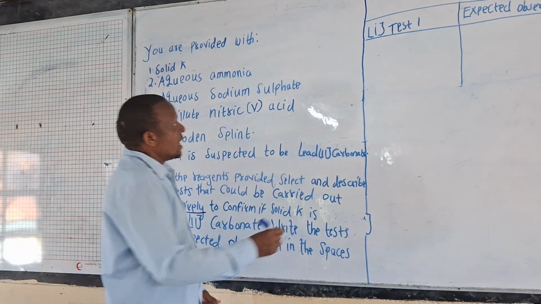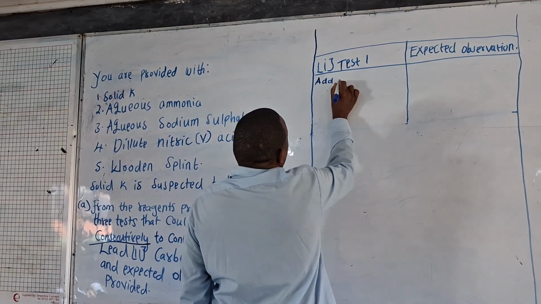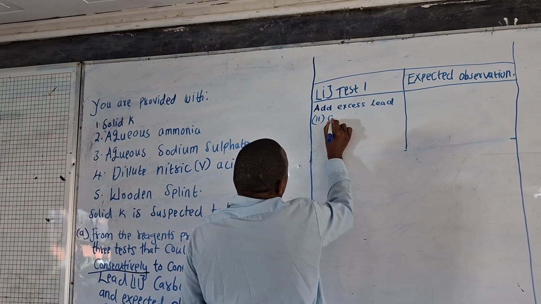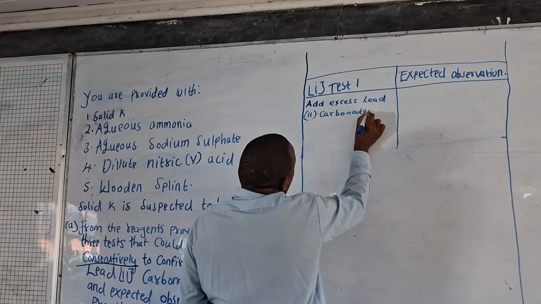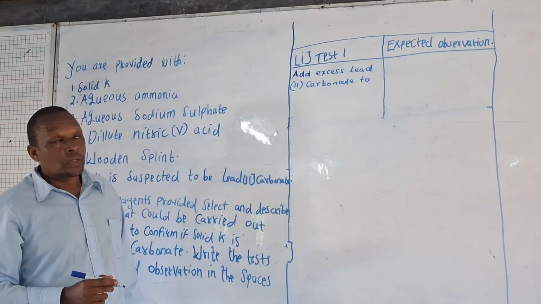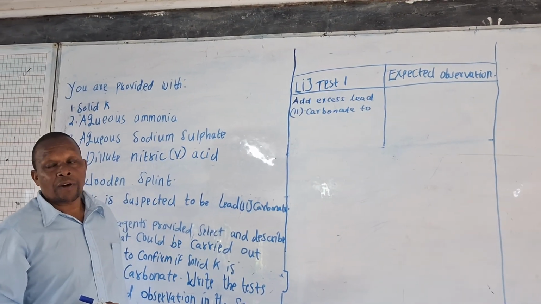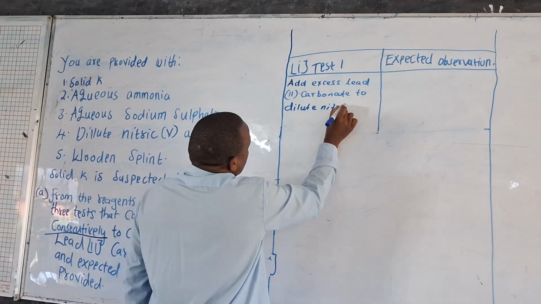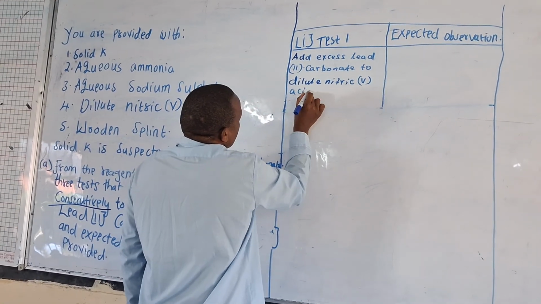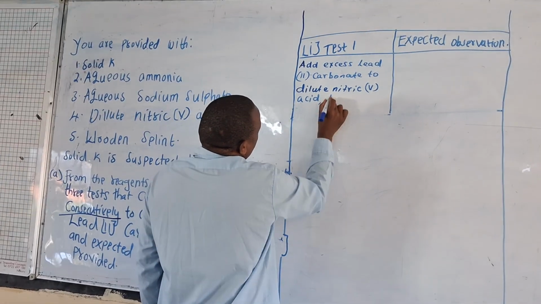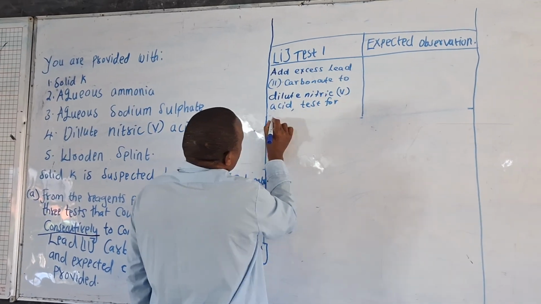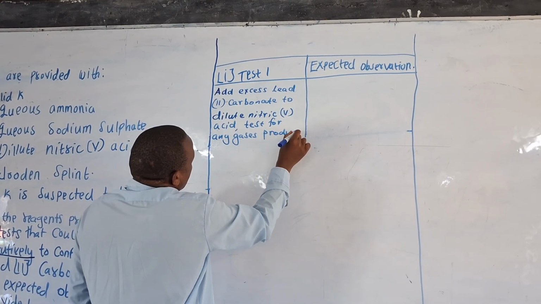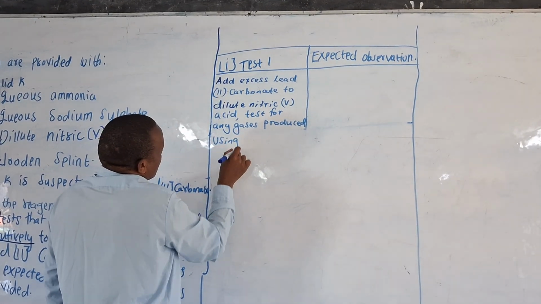So you can say: add excess lead(II) carbonate to dilute nitric(V) acid. Then you say: test for any gas produced using a burning splint.